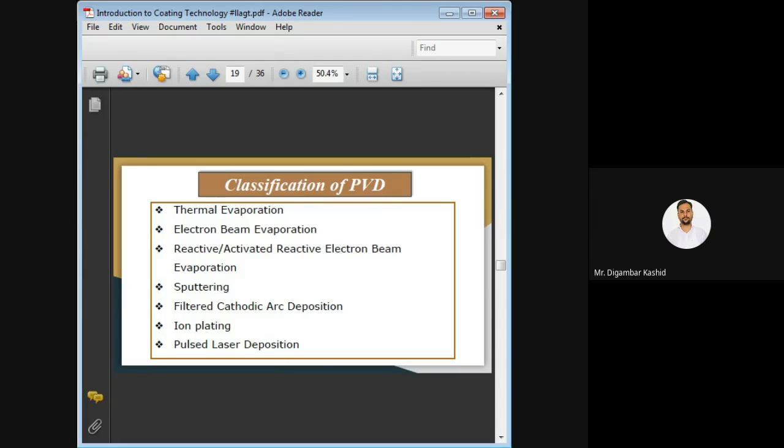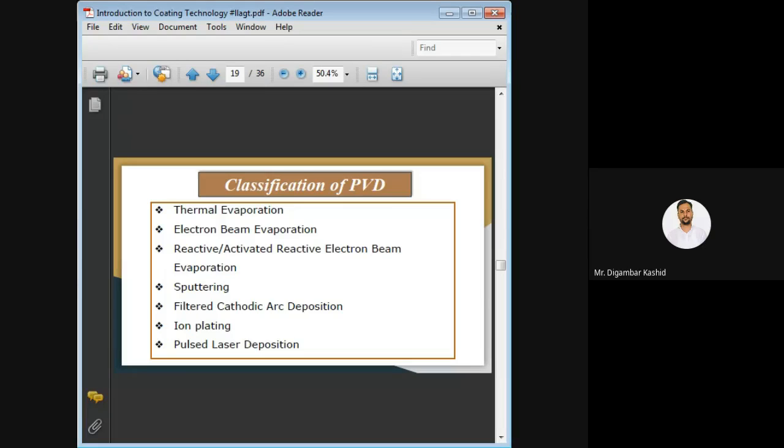There are several types of classification available, in terms of how we are going to modify the substrate surface, how we are going to agitate the material or do the coatings, and what kind of energy we are using to agitate the material and do the coating over the substrate. Depending on that, we have made the classification.